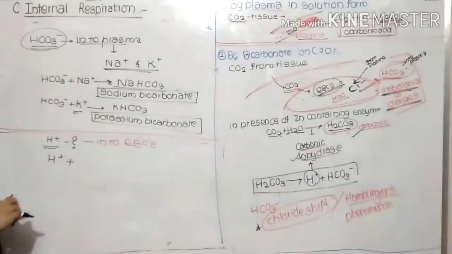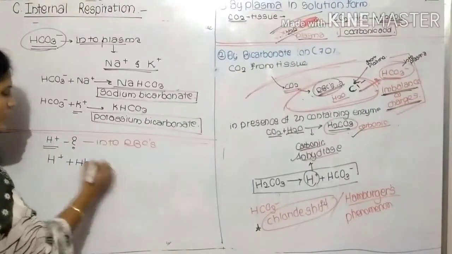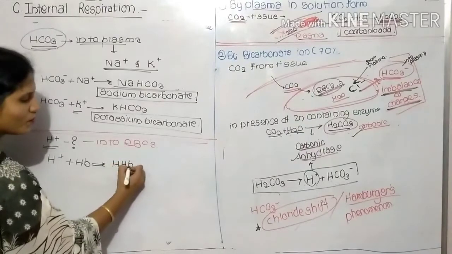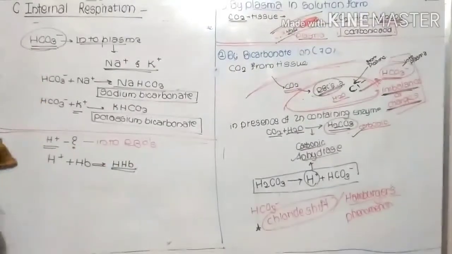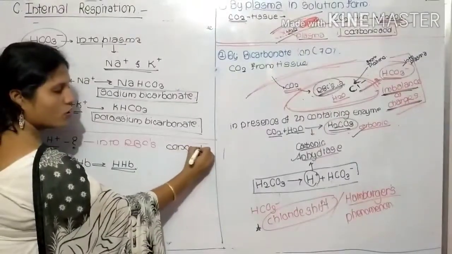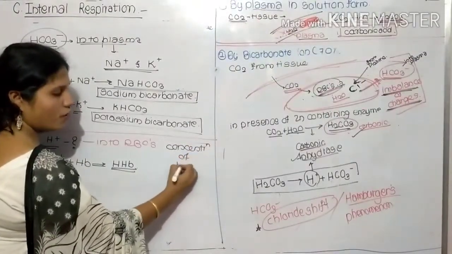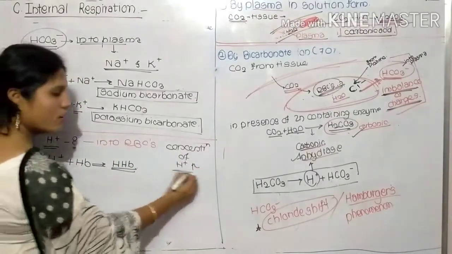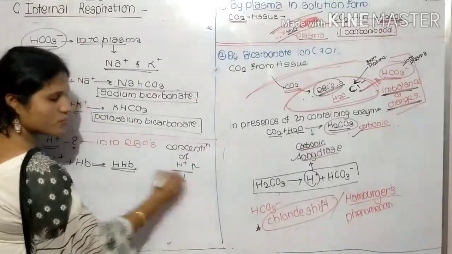This H plus is there in the RBCs. That H plus gets combined with this Hb, and it forms HHb. It means here the concentration of hydrogen ion increases, so the pH level gets reduced.